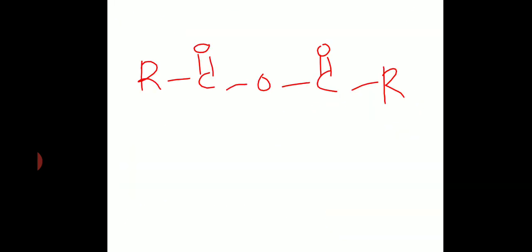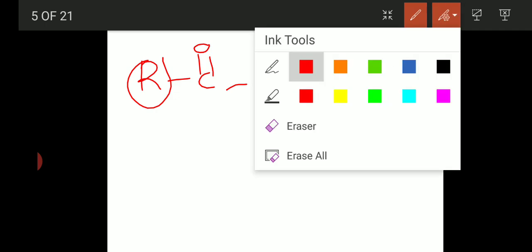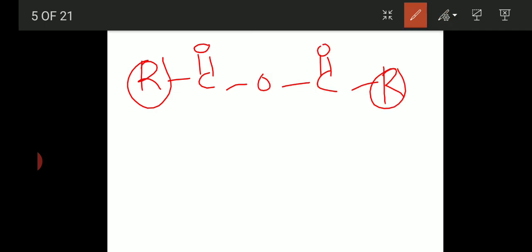Now, if we take one example, in place of R, we take CH3. So then it will come CH3COO CH3, that is CH3 C double bond O, C double bond O, CH3. How does it come?